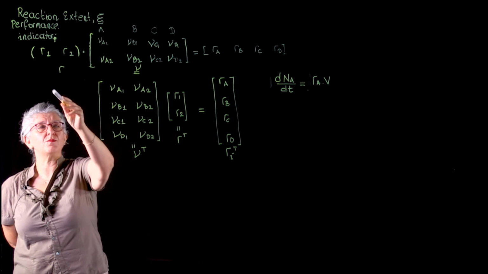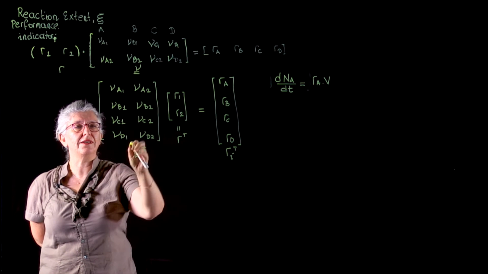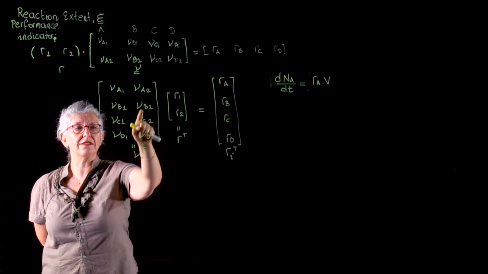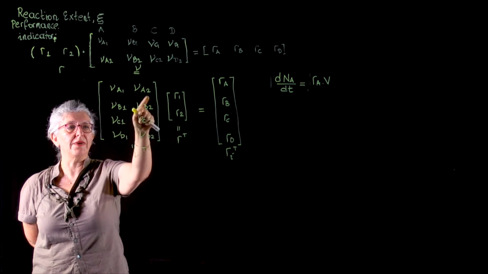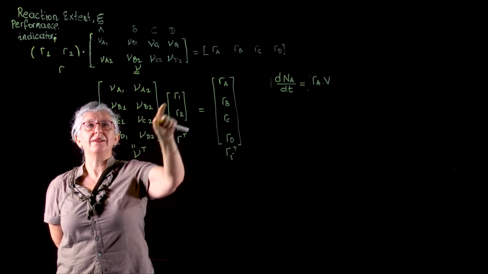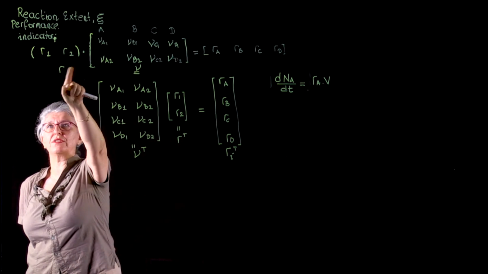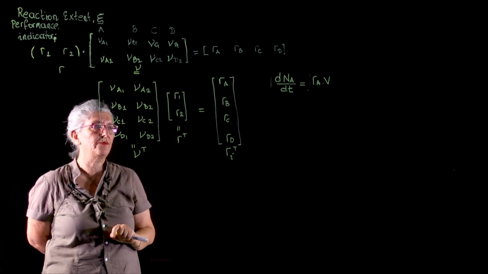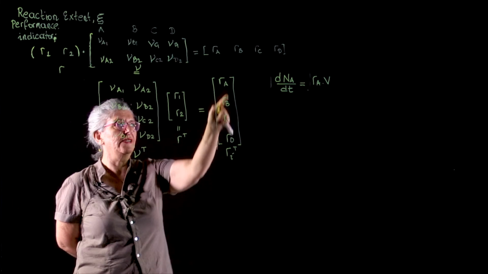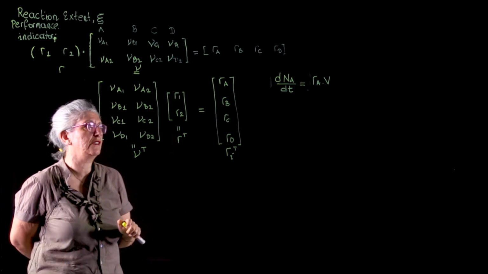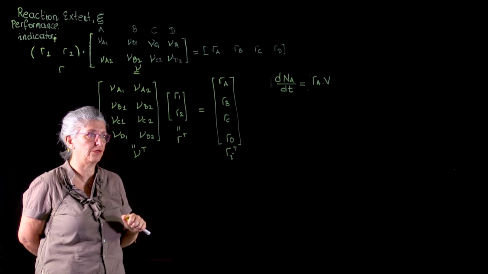And the transpose of this is sometimes more convenient. In the second row, we have the transpose stoichiometry matrix or tensor. Then, of course, the reaction network has to go to the other side of the matrix, and we have the column vector of reaction rates of the individual components.